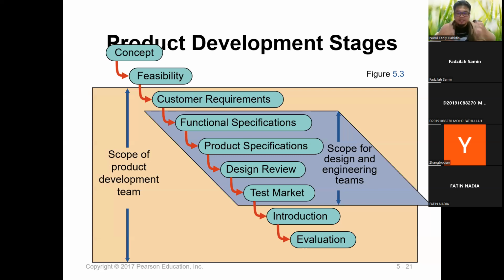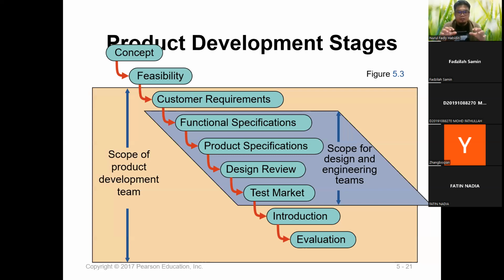But in reality, in production and operation management, somehow customer requirement, functional spec, and product specification work together and align with the concept and feasibility. So it is not that I do the concept first, then second the feasibility. Somehow concept and feasibility start together.